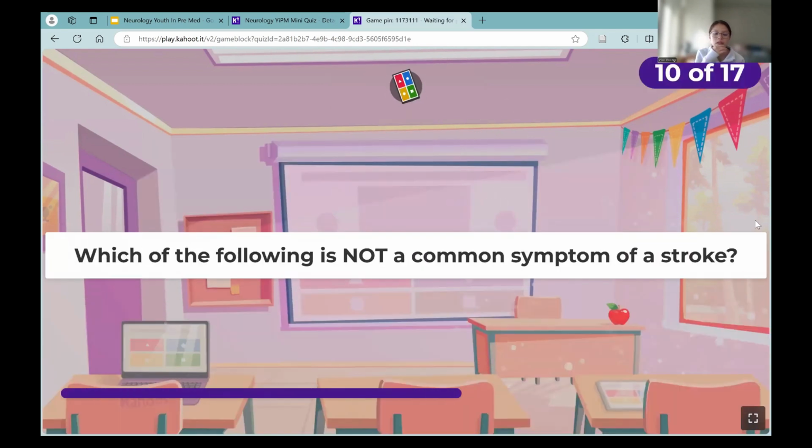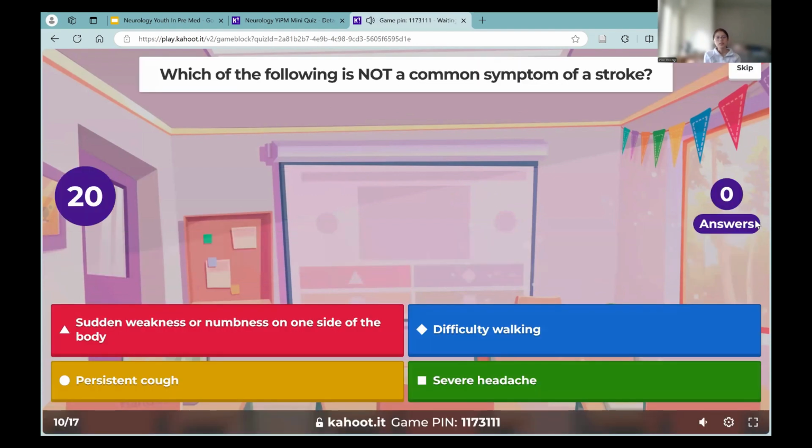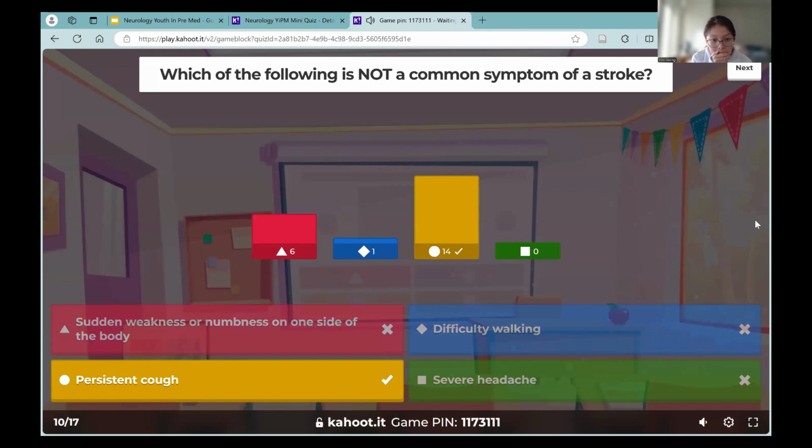Okay. And then next we talked about strokes and several of the symptoms. So which of the following is not a common symptom of stroke? Right.